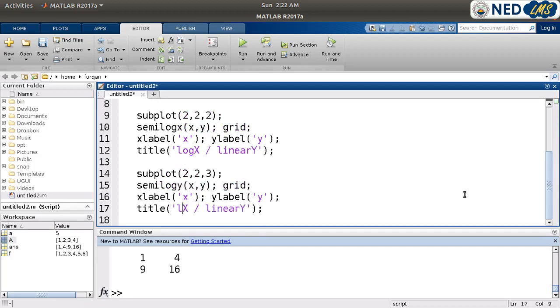It will become linear x and log y. As previously discussed, since this is semilog y, it will plot x and y vectors with log of y on the y-axis and a linear scale on the x-axis.